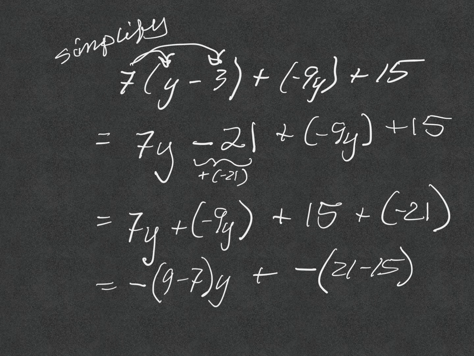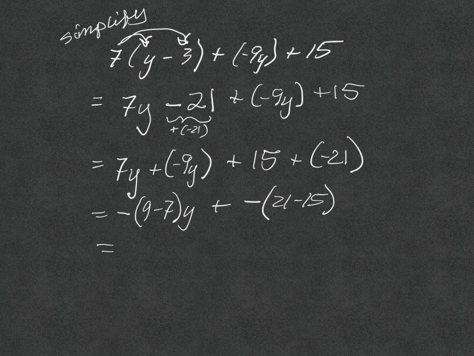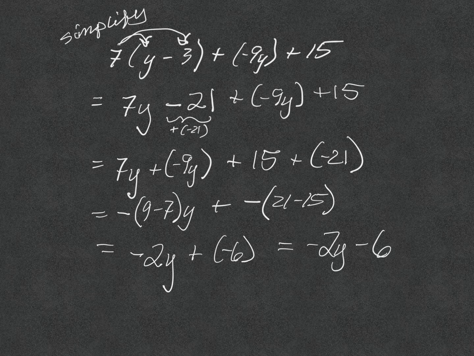So now I can finish this problem. So 9 minus 7 is 2, so I get a negative 2y. 21 minus 15 is 6, so it's a negative 6, so I have plus a negative 6. And I can rewrite this as negative 2y minus 6.